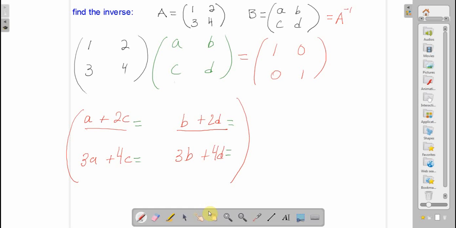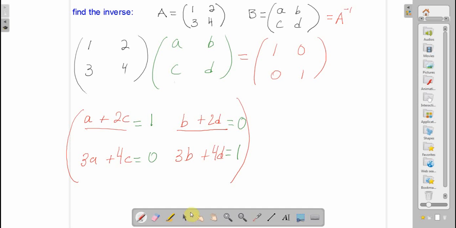To complete the two systems of equations, we're going to use this special array or matrix, and just put it in the corresponding position. First row, first column, put it here. First row, first column. And then 0 goes here, and then this 0 goes here, and then this 1 goes here.